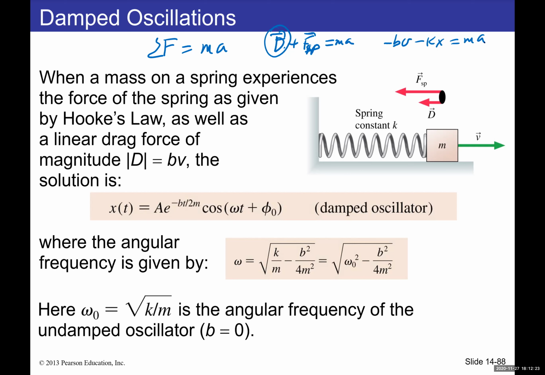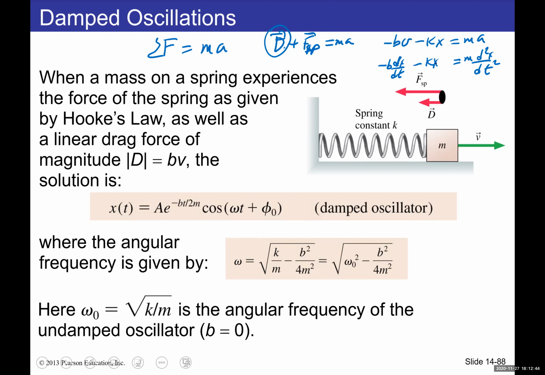And in a way, what we end up with is this. On the right side is mass times d square x dt square. Then the first term is negative b times v, which is dx dt, minus kx.